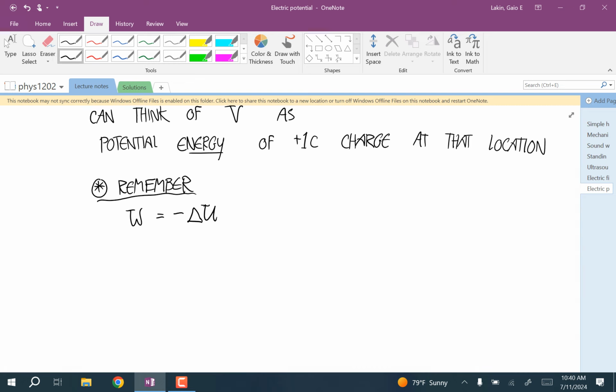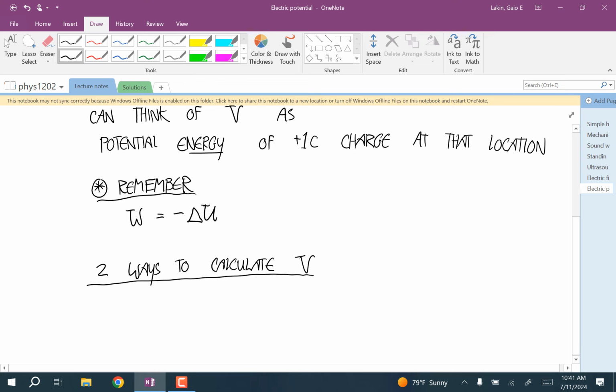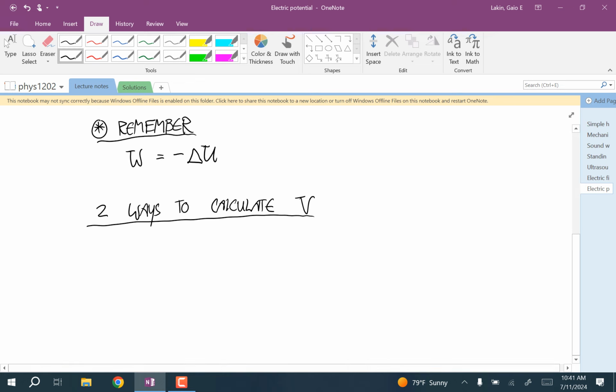There are two ways that we're going to calculate the electric potential. The first one is for individual fixed charges.